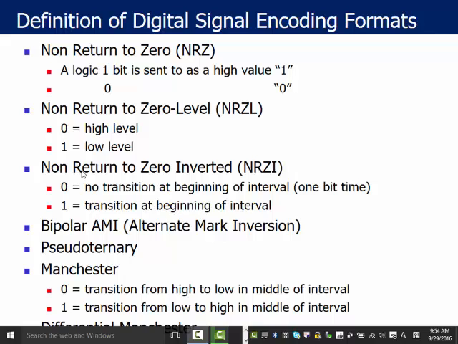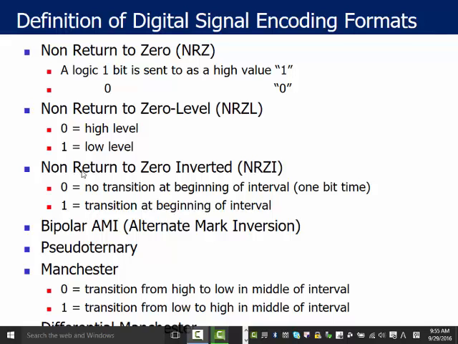And a little bit more advanced algorithm from there is non-return to zero inverted, so-called NRZI. It's a little tricky. If there's a 0 bit, then we consider there is no transition at the beginning of an interval, and 1 means a transition at the beginning of the interval.